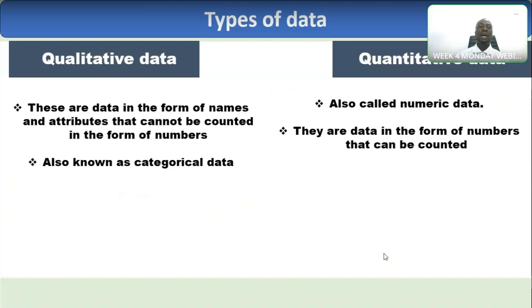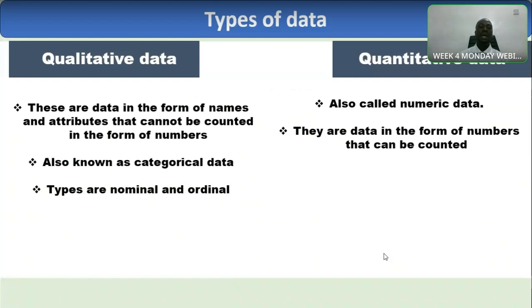Qualitative data are also known as categorical data. So if you hear the word categorical data, then we are referring to qualitative data. And when you hear the term numeric data, you are referring to quantitative data.